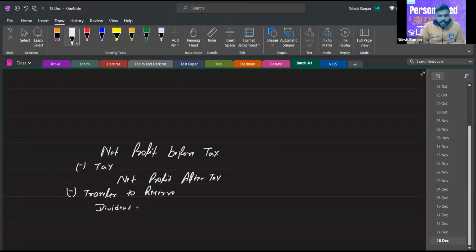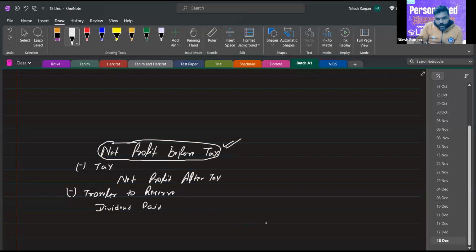These things are done after we calculate the profit. So for the cash flow statement, we need this to start our preparation. Any item which is added or deducted should be eliminated first to get this.